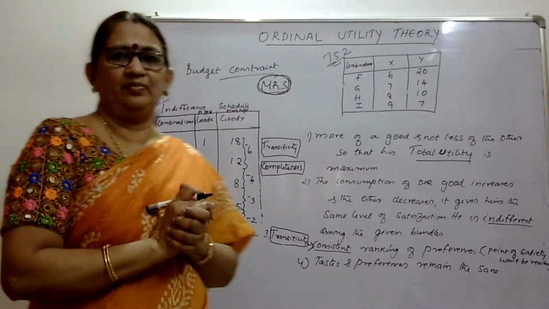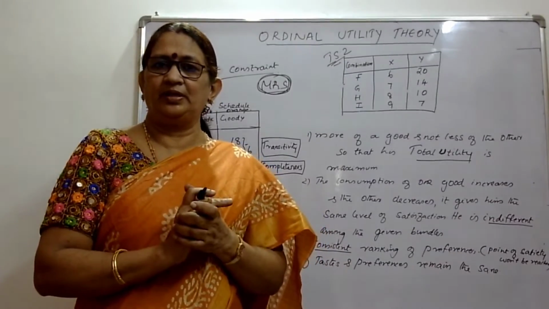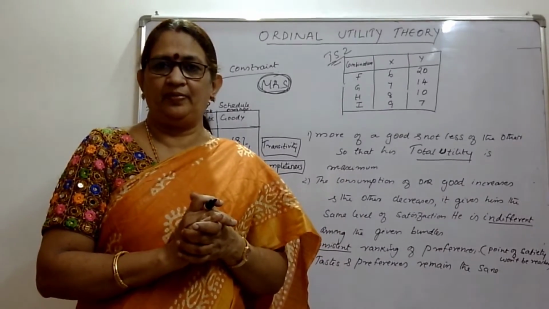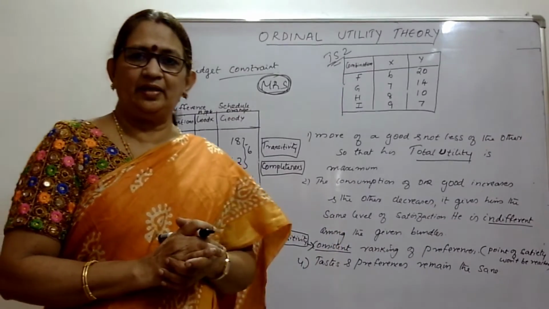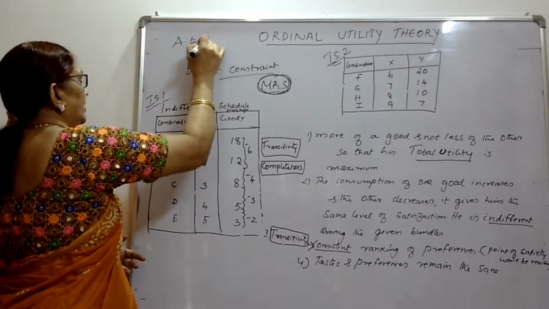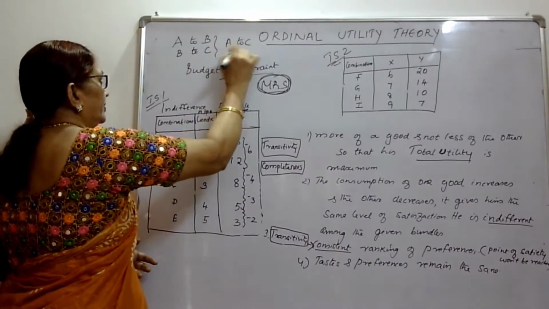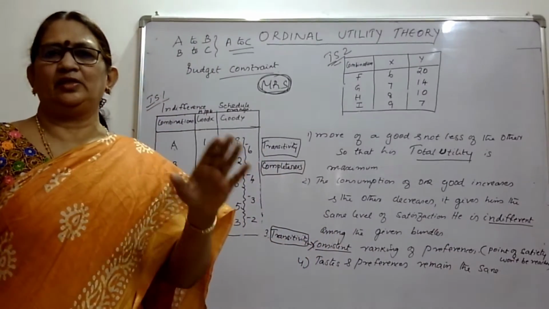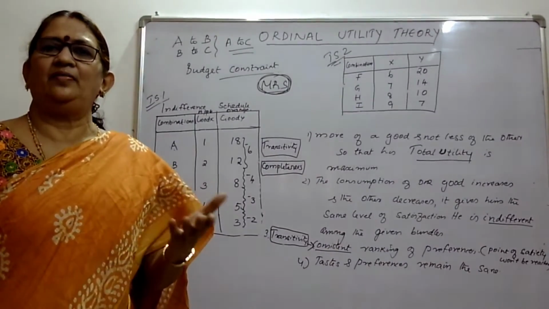Okay. So what are the assumptions of ordinal utility theory? That is completeness. Consumer is fully capable of ranking the preferences. Then transitivity. What is transitivity? Consistent ranking of preferences. That is, if consumer is preferring bundle A to B, B to C, he may prefer A to C. Consistent ranking of preferences, so that he gets equal satisfaction from all the bundles, and he is also indifferent.